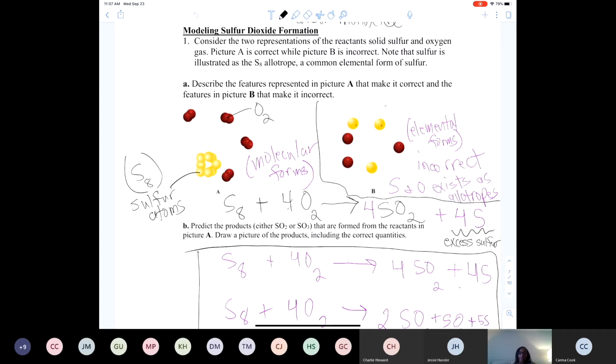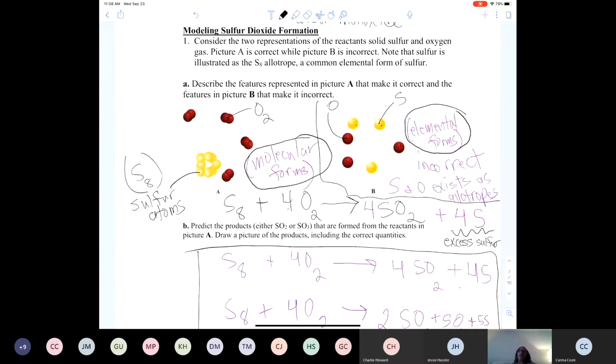What makes picture A correct is that it's showing the molecular forms of sulfur and oxygen. Whereas in picture B, it's showing the elemental forms. Note that the little yellow circle is sulfur, and the red circle is oxygen. Both of these elements exist not in elemental form in nature, but as allotropes, as we discussed in a previous lecture.